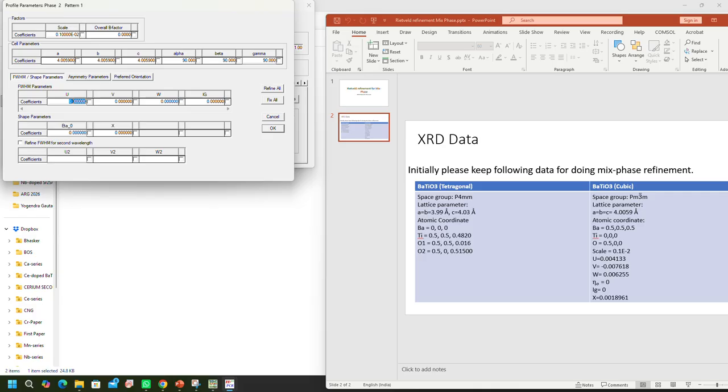So U value is 0.004133, V is minus 0.007618, W is 0.006255, and eta 0 is 0, Ig 0, and X is 0.001896. So I fix all.